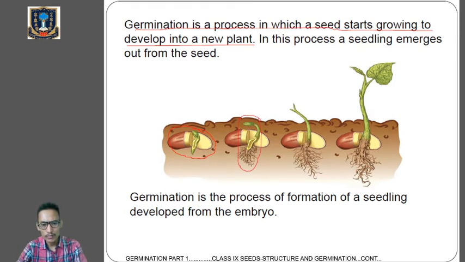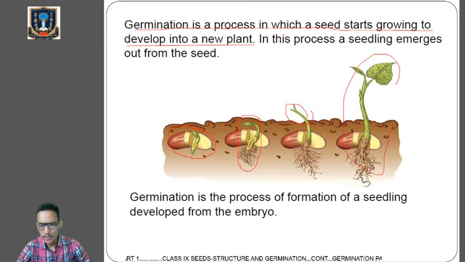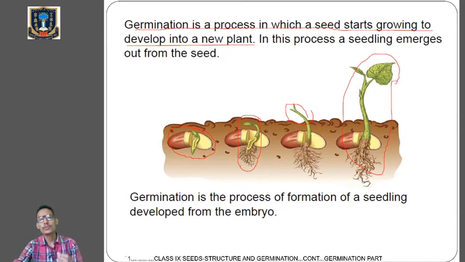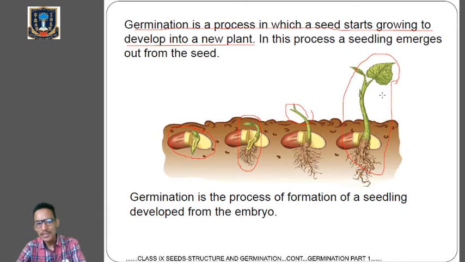You can see the appearance of the root, the radicle, and the shoot portion, the plumule, and slowly the seed germinates into a new plant. The process where a seed starts growing into a new plant is called germination.